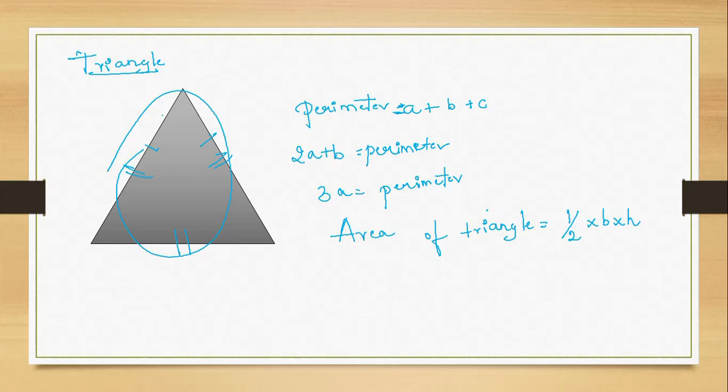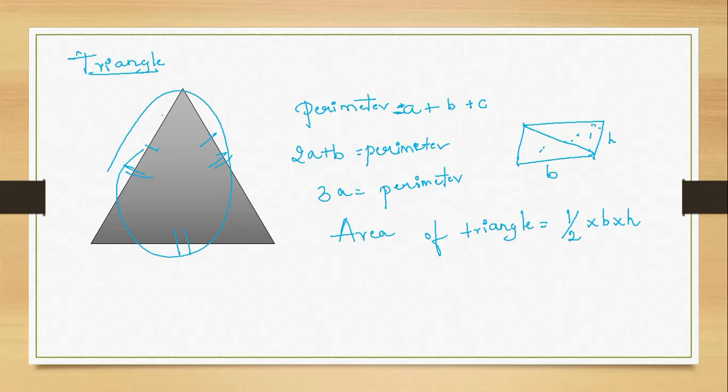We discuss it here. Before going to the triangle, we see the diagram of the rectangle. So this is the rectangle. If we divide the rectangle into two, we get two triangles here. So the area of the triangle is half of the parallelogram.